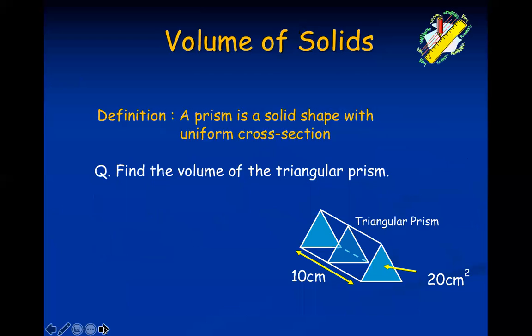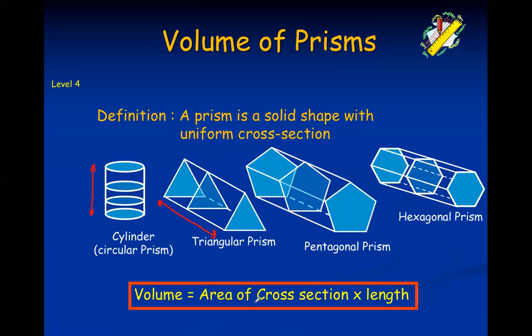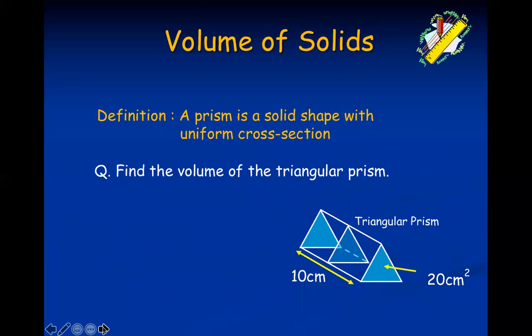Now, if I ask you to find the volume of this triangular prism, obviously this is not given in your formula list, but you need to remember the formula I just gave you: area of the cross section times the length. You've been given the cross section.